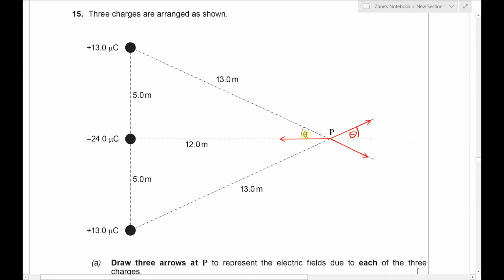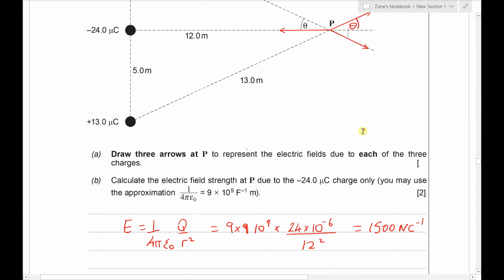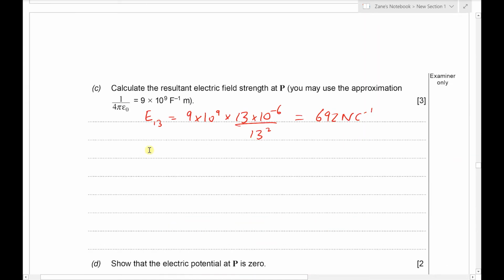A little trick here is that cos is adjacent over hypotenuse, so we've got 12 over 13. So overall we're going to work out the total of these two fields by doing two lots of 692 times that 12 over 13. So that will give me the resultant field to the right. So it's going to be two lots of 692 times 12 over 13.